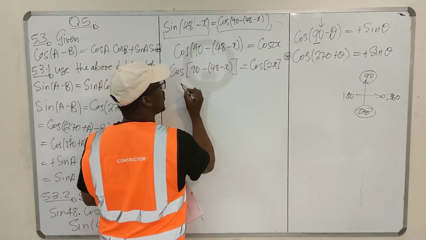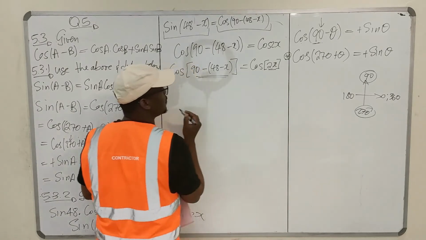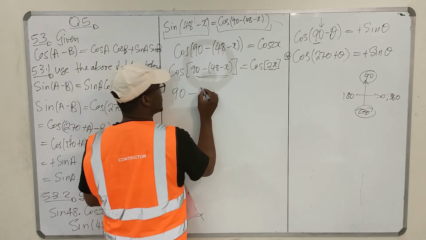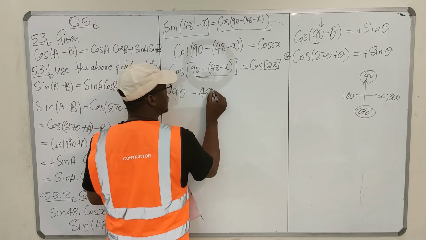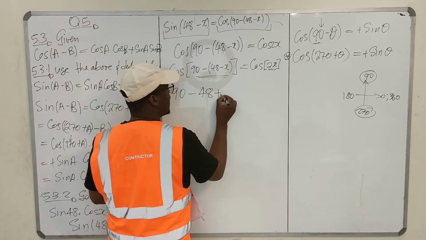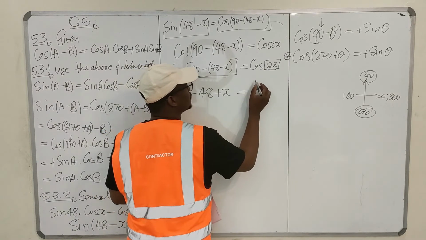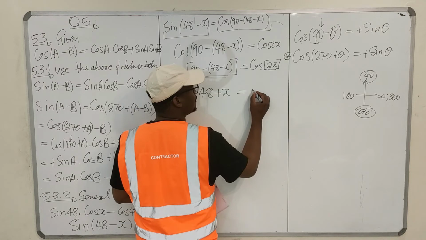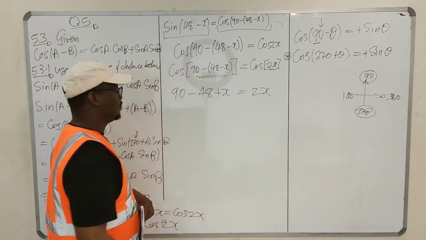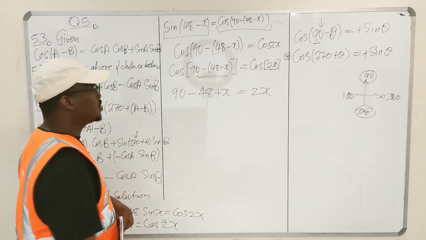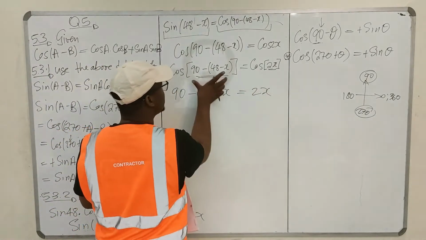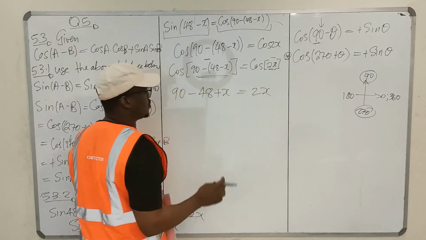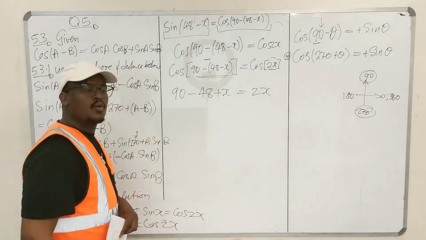If these two things are equal, which means these angles are the same, which is your 90 minus 48 plus x is equal to this thing here, which is your 2x. So if the left hand side is equal to the right hand side, these angles should be equal to these ones. So they are equal.